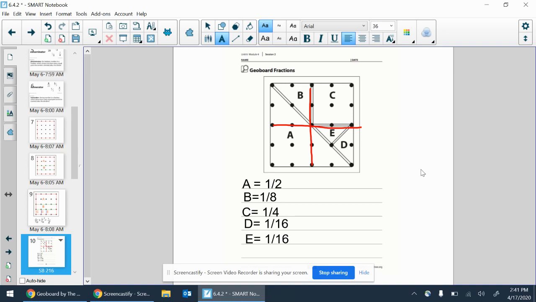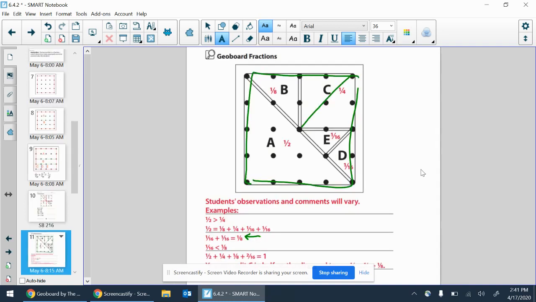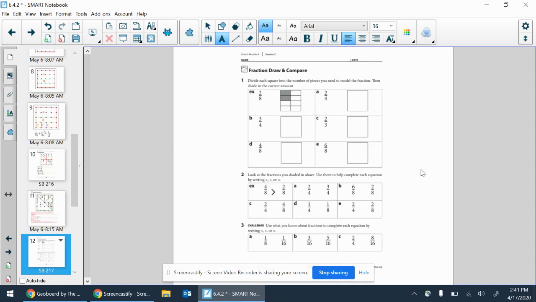All right, so that shows kind of what we just did here. Now this is going to be in your yellow book. It's the next page. You are going to be working on page 217 in that yellow book. You are going to be dividing the square into the number of pieces you need.